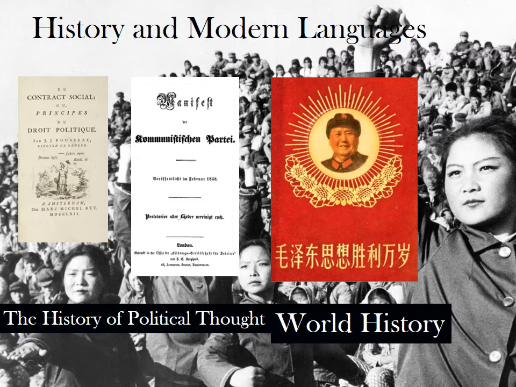Mao's Red Book is a reinterpretation, to some extent, of the Communist Manifesto, which itself was a reworking of the ideas of popular sovereignty as laid out in Du Contrat Social.